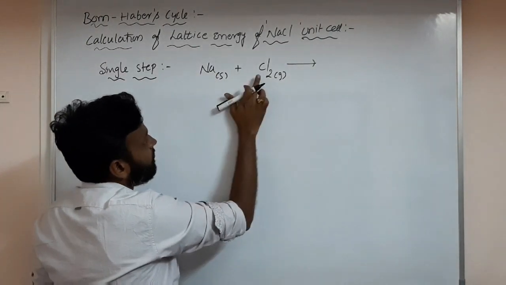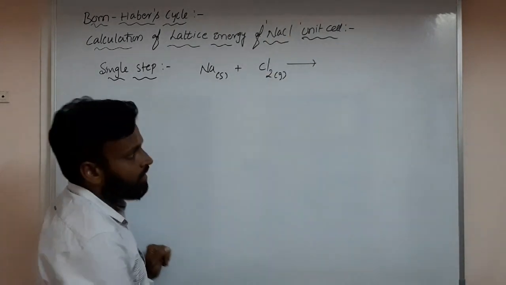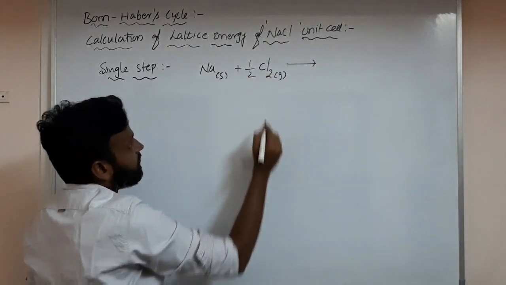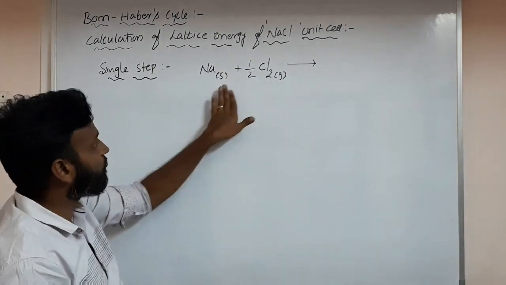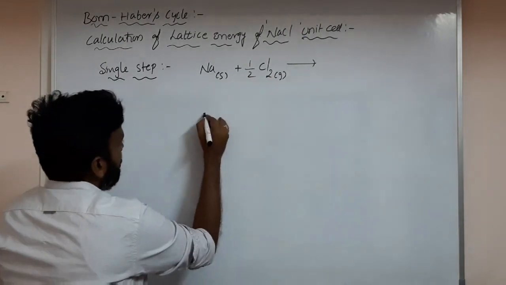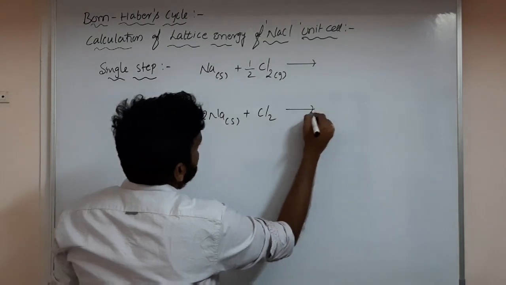So, one sodium cannot combine with 2 chlorines. One sodium combines with 1 chlorine only. So if I write half a mole here, then it is 1 chlorine only, 1 sodium with 1 chlorine. Otherwise, you have to take 2 Na solid plus Cl2 giving 2 NaCl.